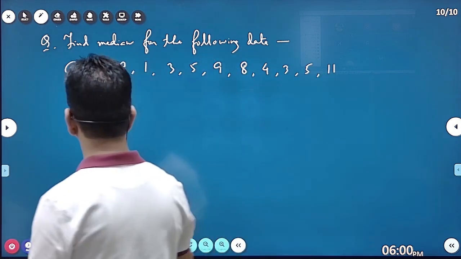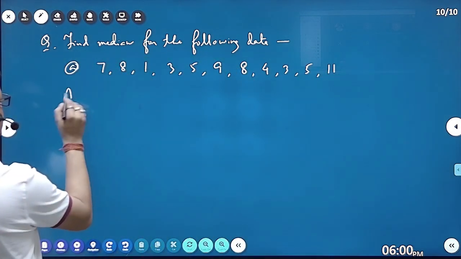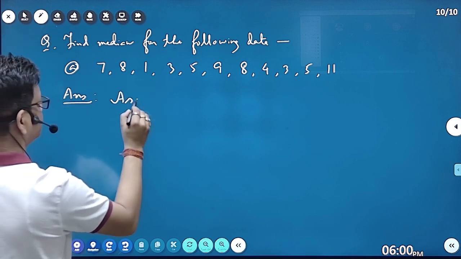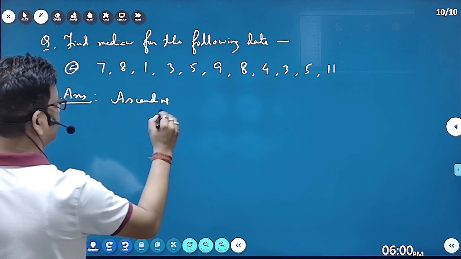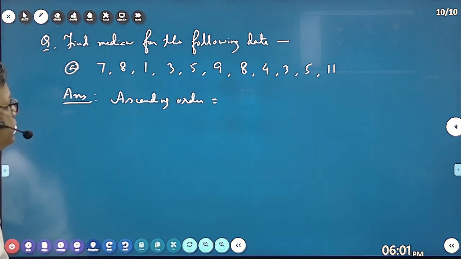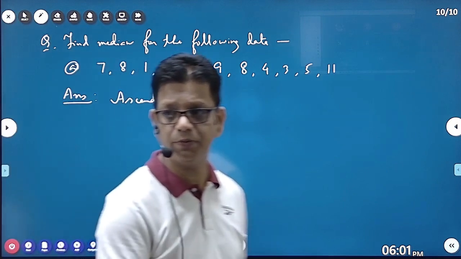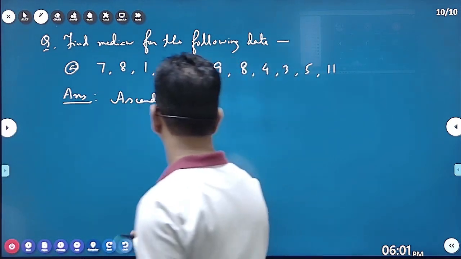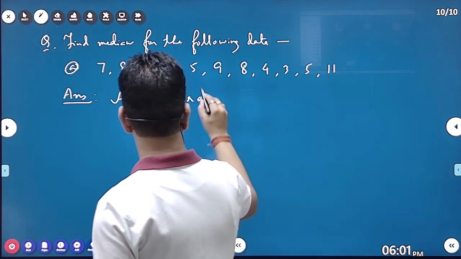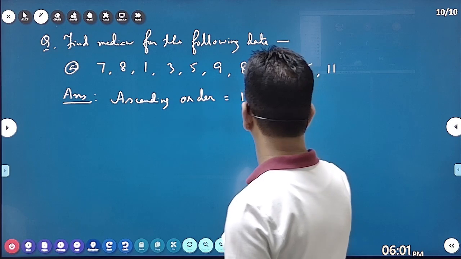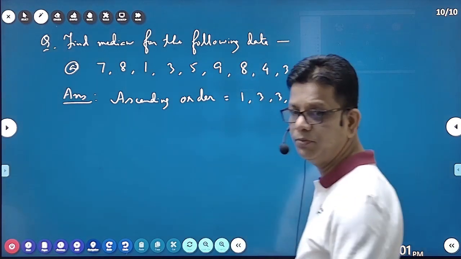First of all, what to do? Arrange in ascending order. It doesn't matter, you can also do it descending. There might be repetition, so we write both. The smallest one is 1, then 3, but 3 appears 2 times, so you have to repeat both.